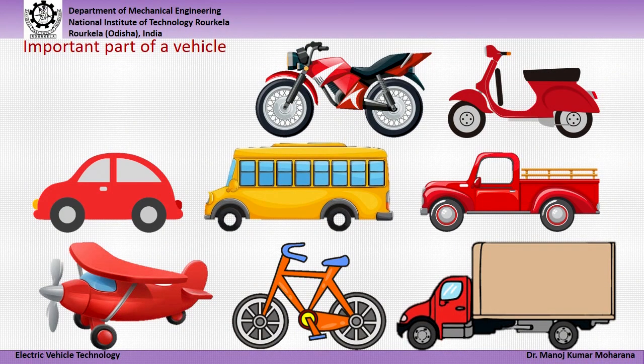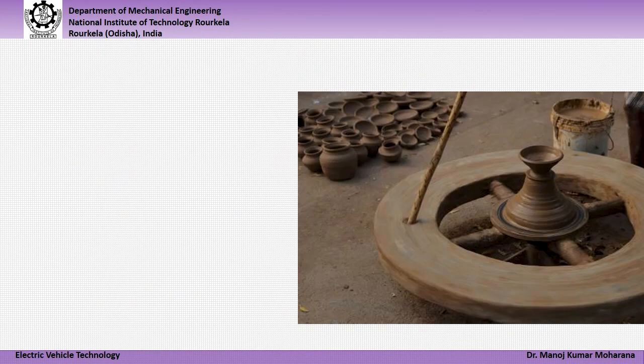So, here in this photograph you can see a variety of vehicles starting from a cycle to a two-wheeler, to a four-wheeler car, a bus, truck and a small aeroplane. If you closely observe, all these vehicles have one common part that is called the wheel of the vehicle, which is an important part of a vehicle which helped us for developments till so far.